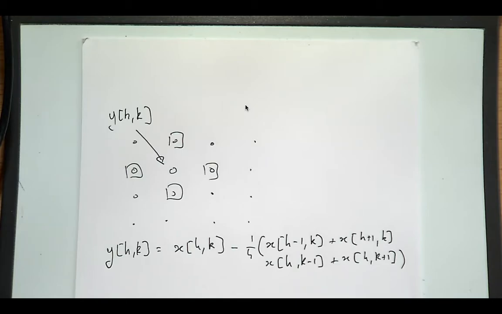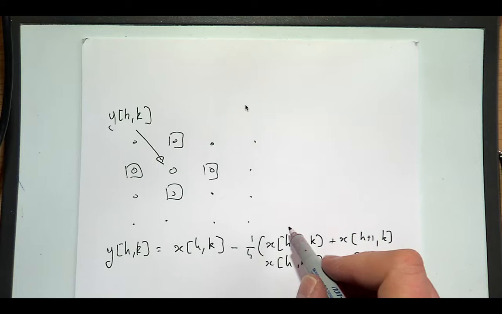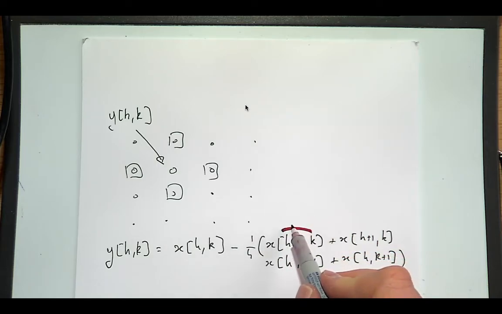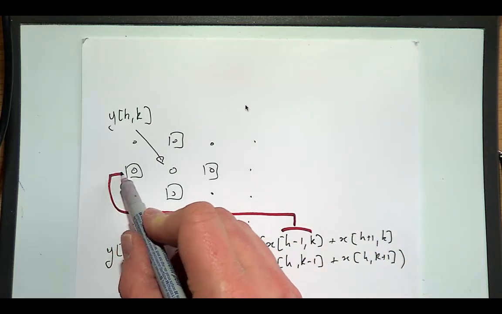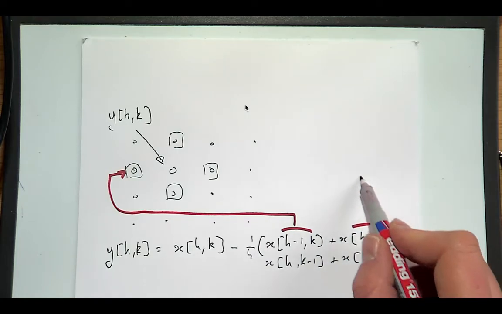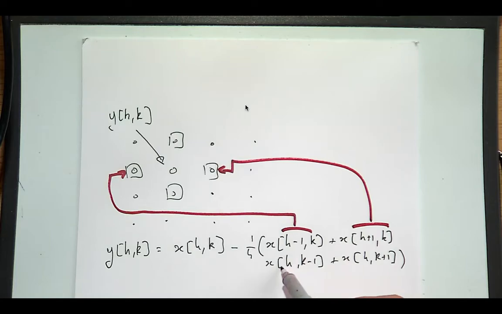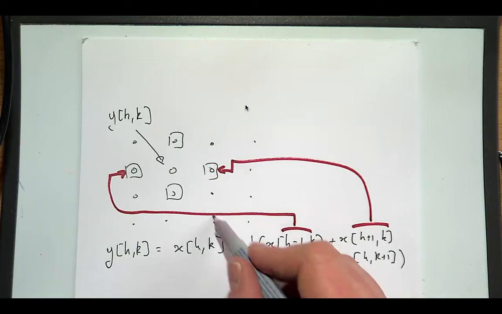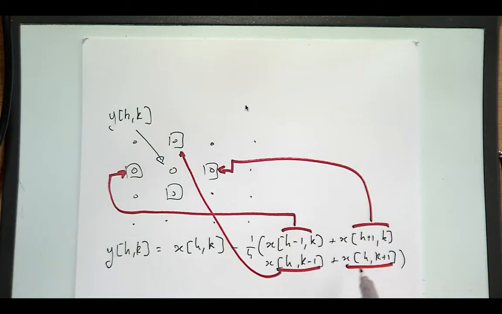All right, so you can identify each of those. This particular coordinate would be this one, this one will be this one, this one will be the north, and this one will be the south.